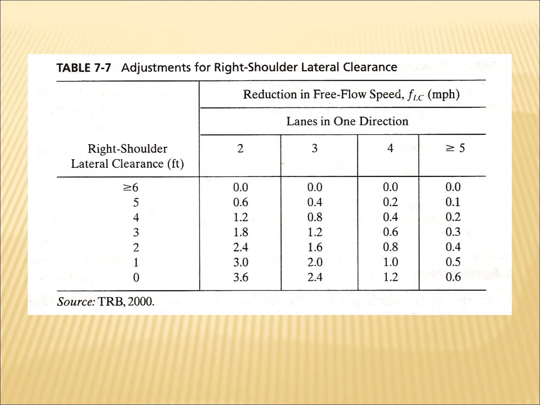This is Table 7-7, adjustments for right shoulder lateral clearance. Based on the right shoulder lateral clearance and the lanes in one direction, you can get the reduction in free flow speed, that is F sub LC in miles per hour, by using these columns.